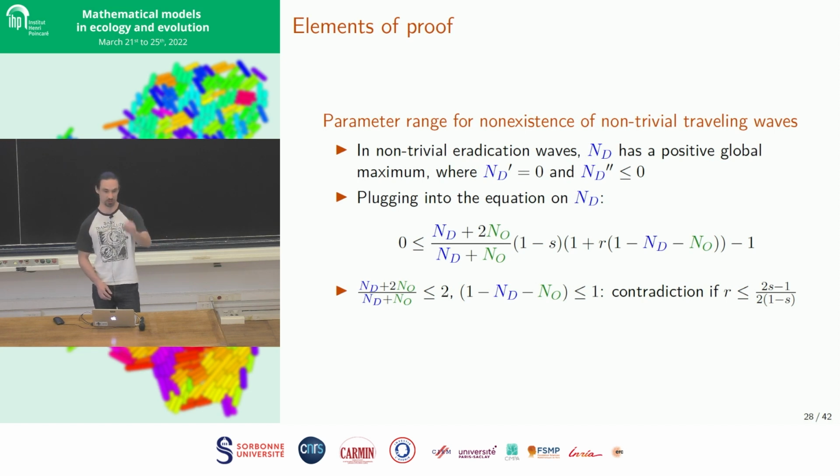And so you can look at what happens at this global maximum, and after very basic computations, you find a contradiction if R is too small. So if R is too small, depending on s, you have no non-trivial traveling wave. And so this means that the only traveling wave is the Fisher-KPP wild-type traveling wave, and you know the sign of the invasion, the direction of the invasion.